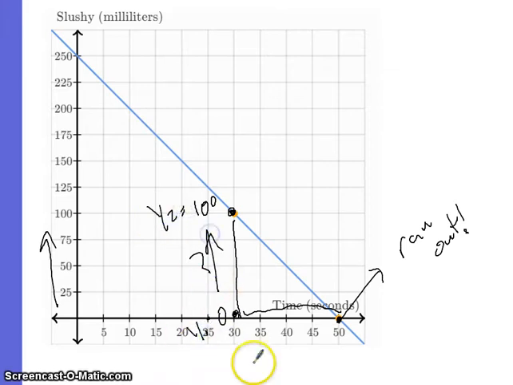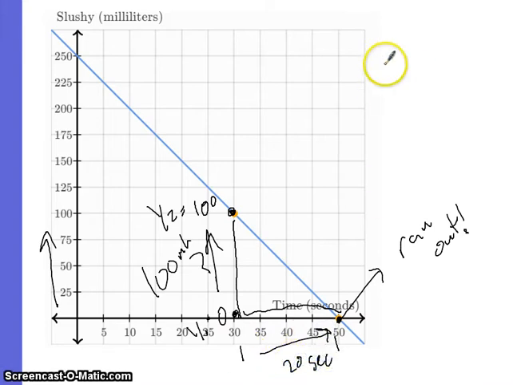Okay, from 0 to 100, what's the distance? The difference between 0 and 100 is 100. Okay, and then how long did that take? The difference between 30 and 50 was 20 seconds.